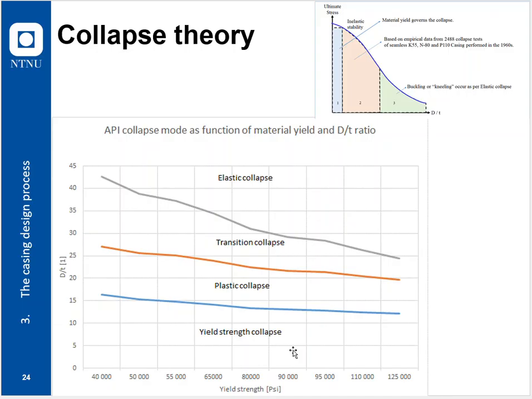I'm not sure that this makes a lot of sense. Maybe if we say DT ratio 25 and we increase the yield strength, going from 55 to 110 plus, then you move from transition collapse to elastic collapse.